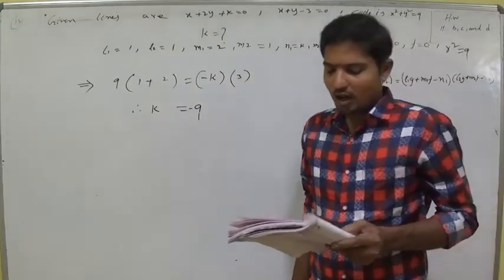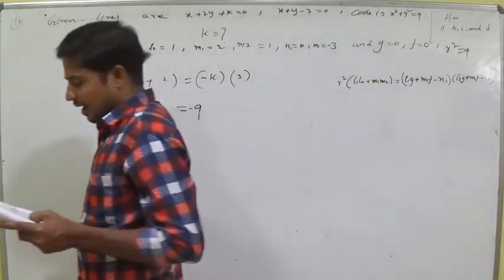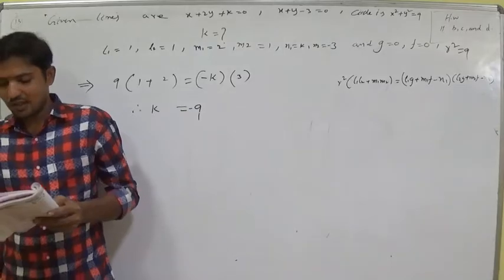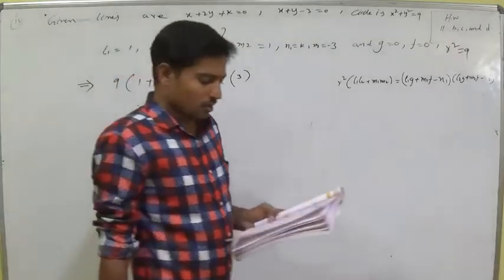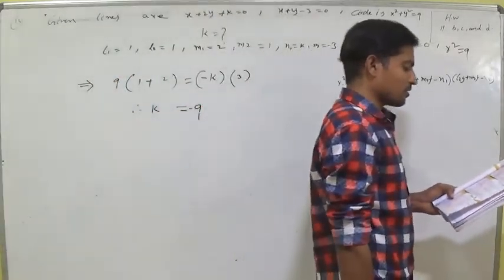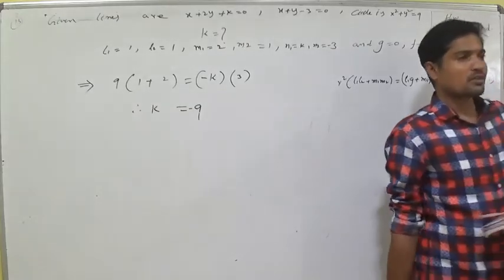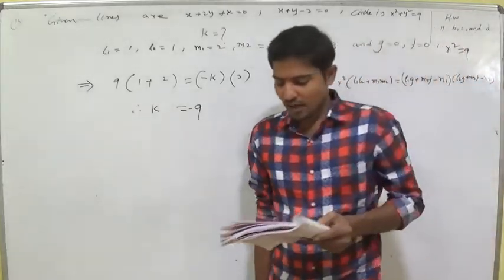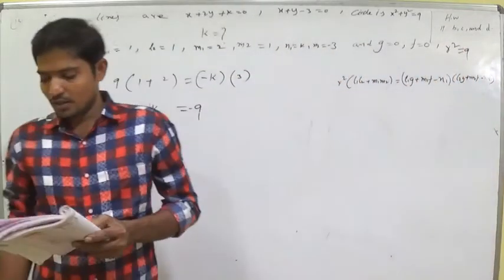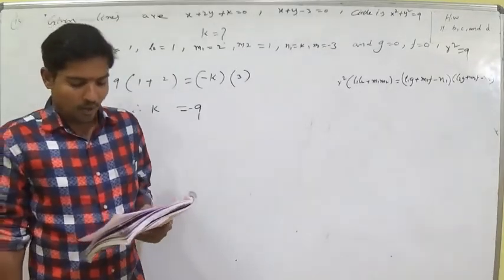The pole of the line with respect to the circle x² + y² − 6x − 8y + 5 = 0 is (6, 8).